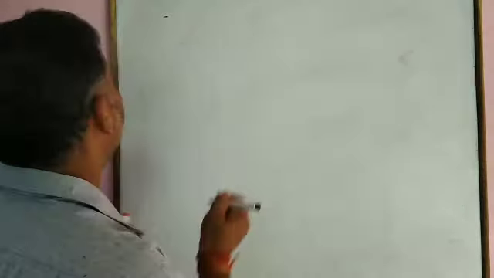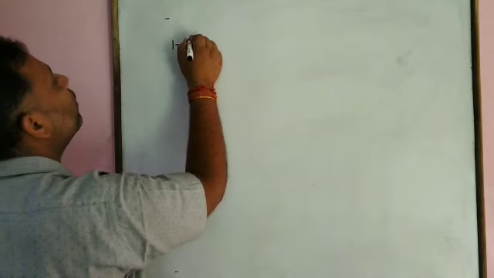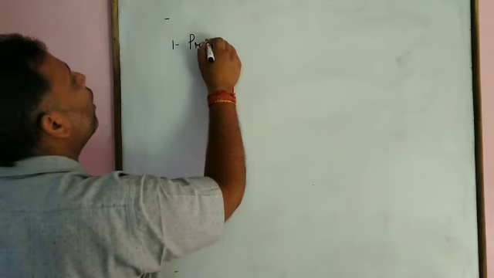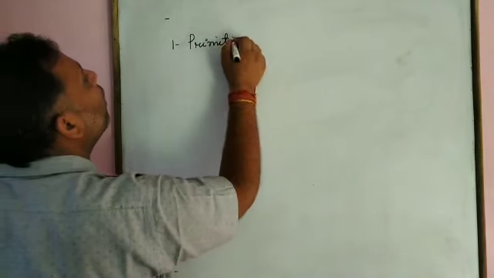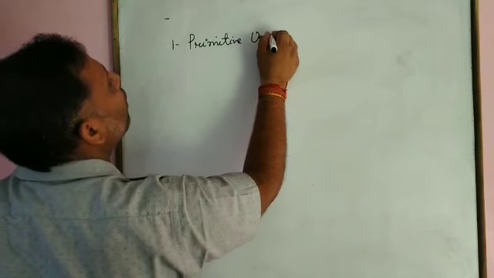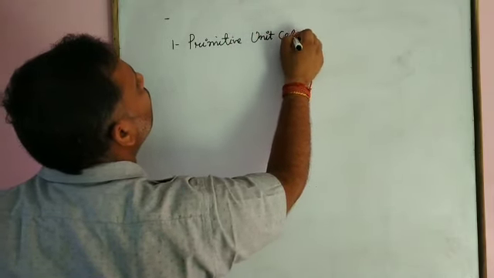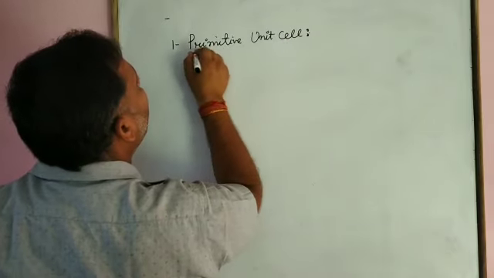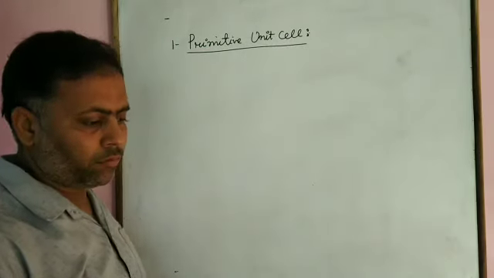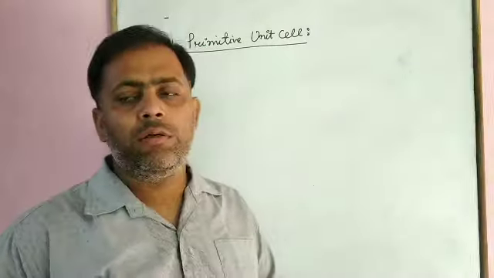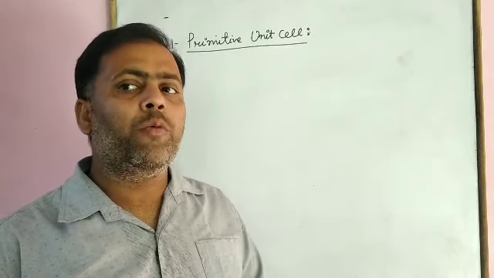Let us discuss the first one, primitive unit cell. We will calculate and we will understand by the open structure.